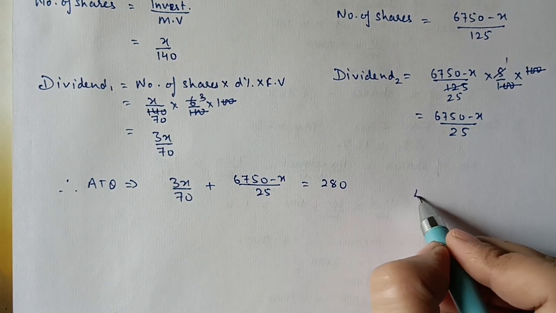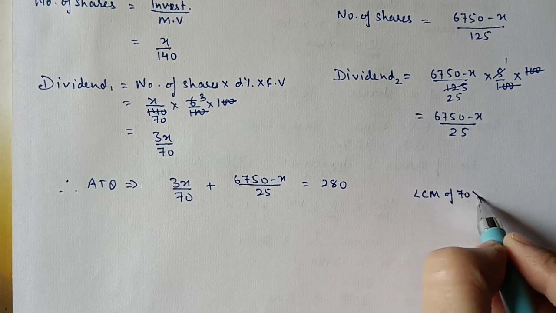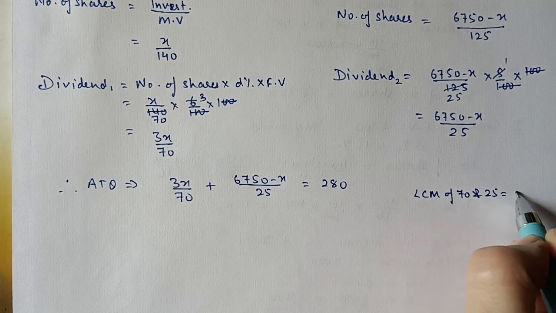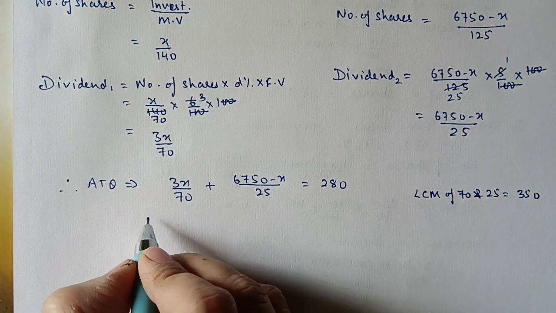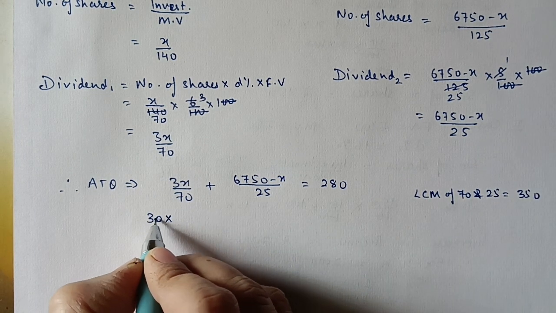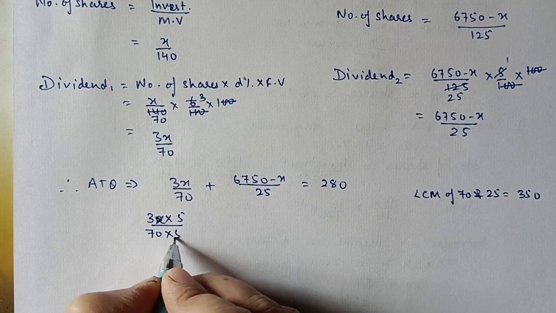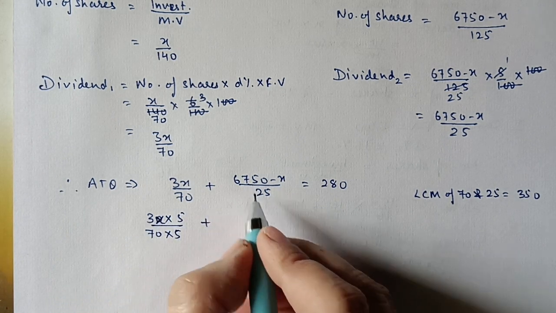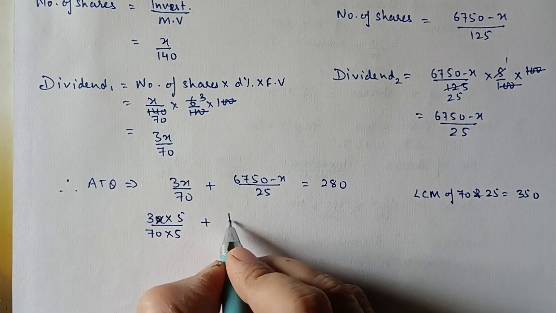Here the LCM of 70 and 25 will be 350. So we'll multiply 3x with 5 to make the denominator the same, and here we will multiply with 14.